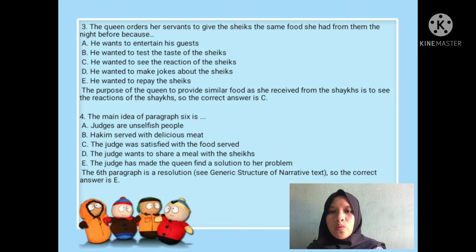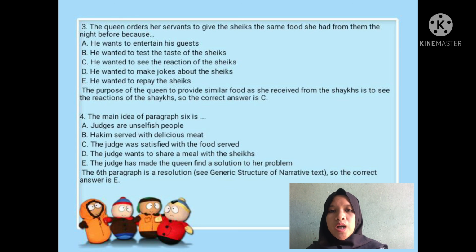D. He wanted to make jokes about the sheikh. E. He wanted to repay the sheikh. The purpose of the queen providing similar food as she received from the sheikh is to see the reaction of the sheikh. So the correct answer is C.